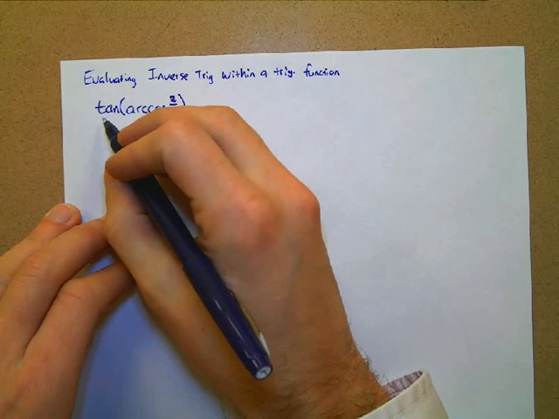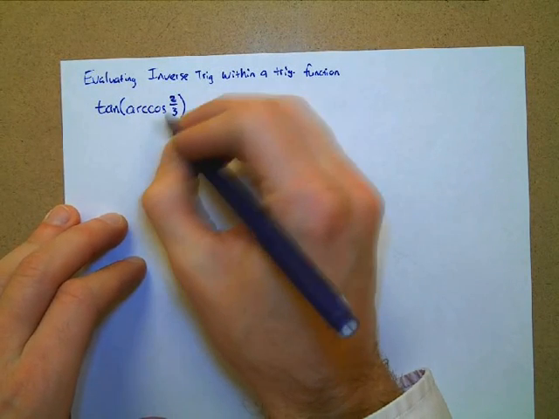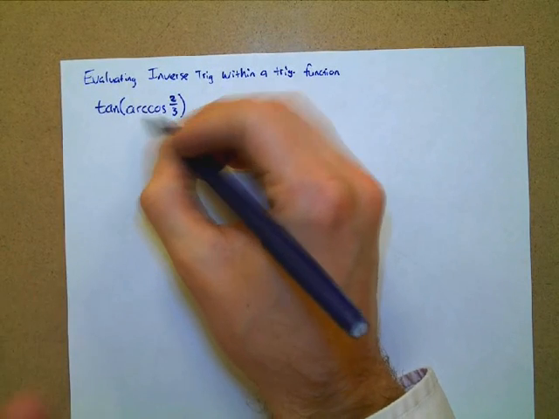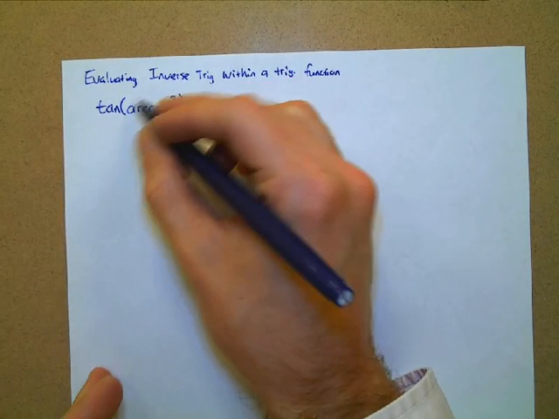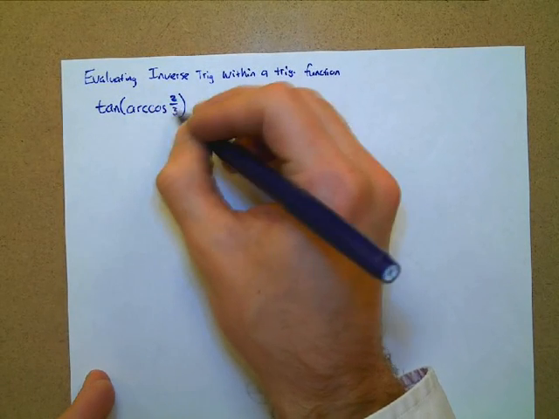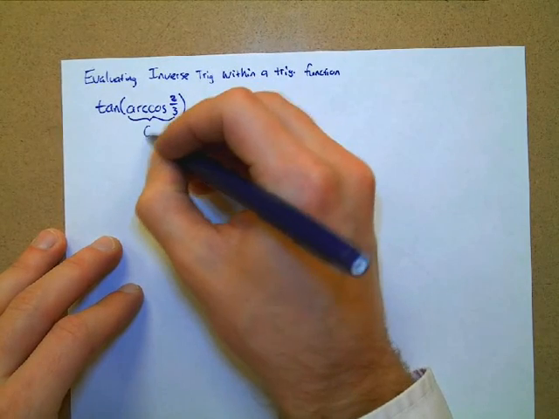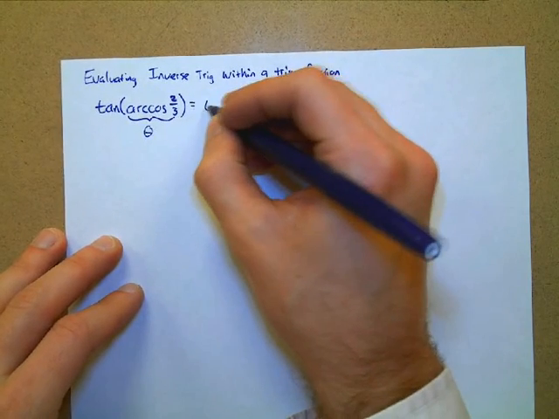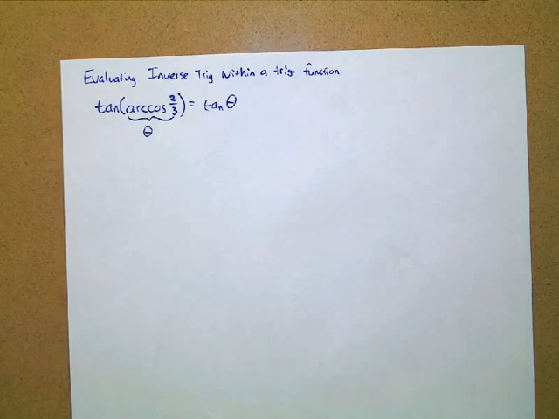Now I've got tangent of theta, and theta is really the arc cosine of 2/3. So let's say theta is arc cosine of 2/3, and now I just need to evaluate what tangent of theta is.